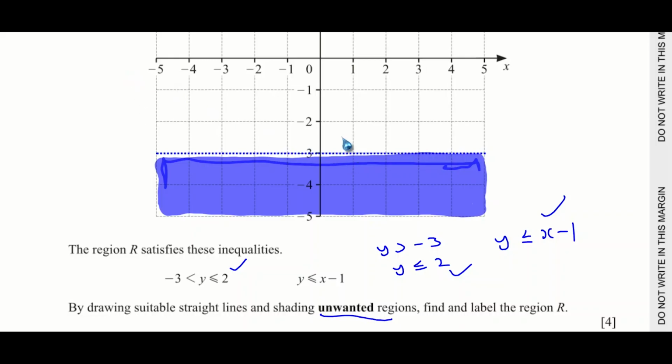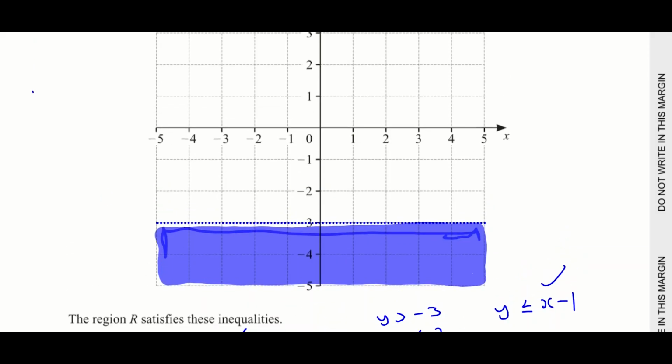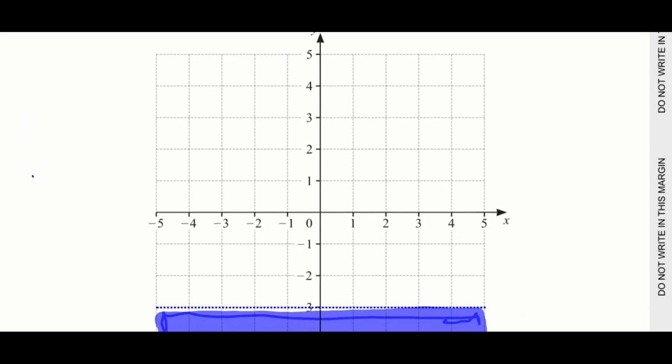The next one will be y is less than or equal to 2. So that will be a thick line. So y is equal to or less than 2. You have from here like this. It will be a thick line because of the equality sign there.